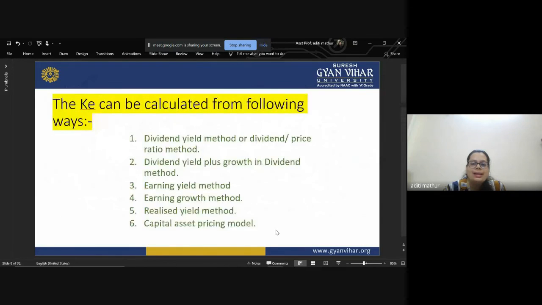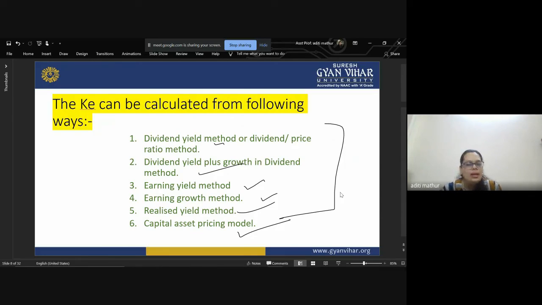That is your dividend yield method, your dividend yield plus growth, your earning yield, earning growth, your realized yield method, and capital asset pricing method. These all 6 methods are really important, and you should know each and every formula, because in a question anything will be given and you have to find out the K so that you can finally find out the overall cost of capital.